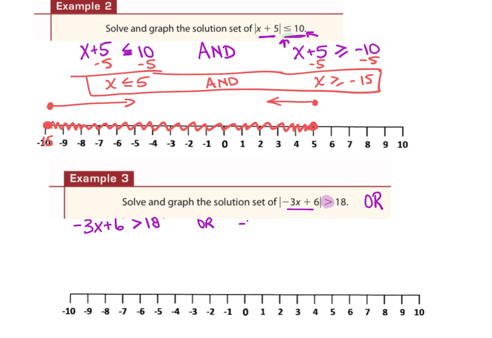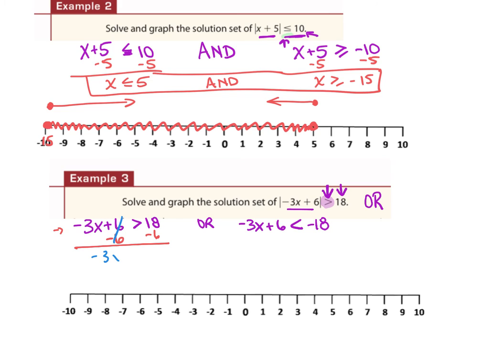And then I take what's inside. What am I going to change this to? It was greater than. What am I going to change it to? Less than. What am I going to change this to? Negative 18. And now I have solving, right? Over here, what do I do to solve? Subtract my 6.